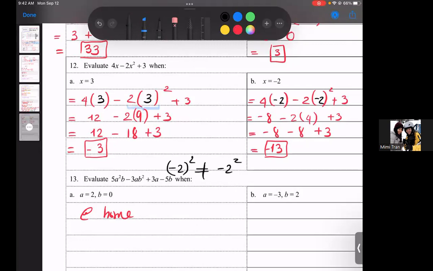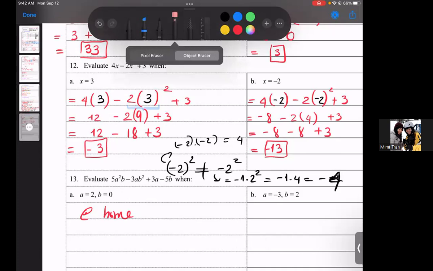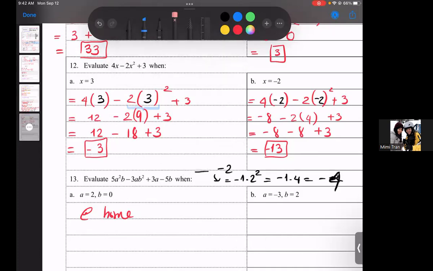This one is negative 1 times 2 squared, which is negative 1 times 4, which is negative 4. But this one is negative 2 times negative 2, which is positive 4. Be careful. Whatever you wrote, you're gonna put the same thing in your calculator.